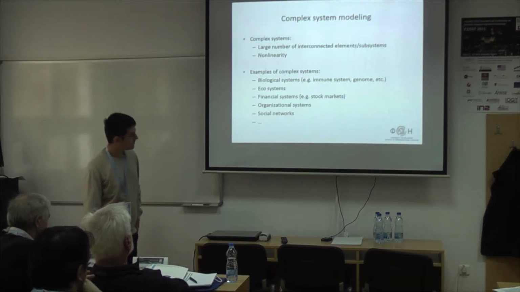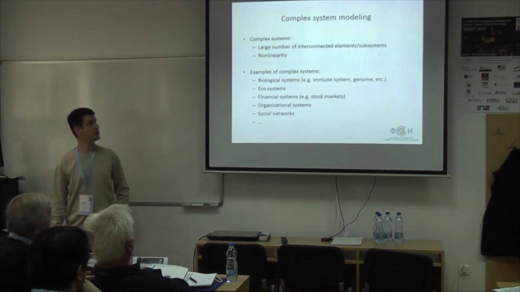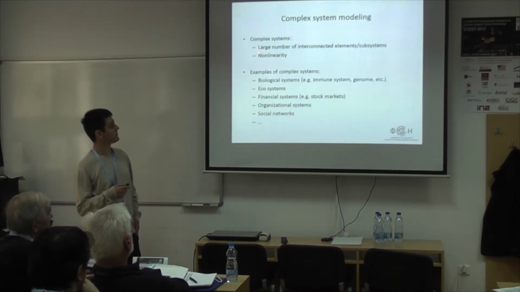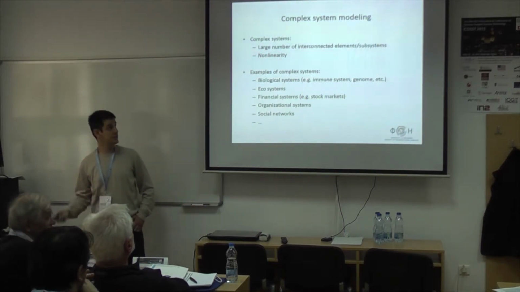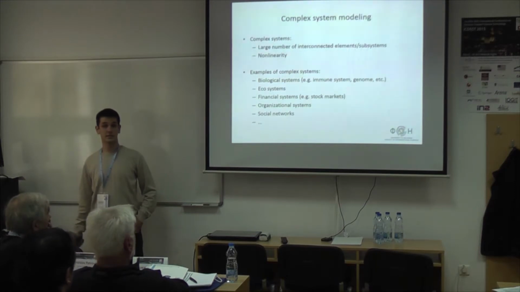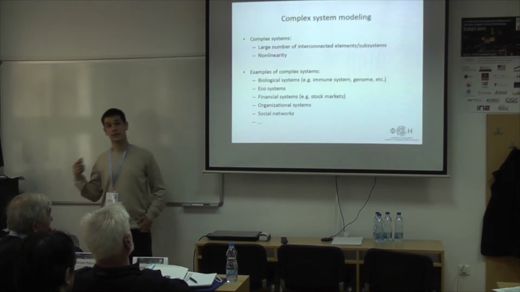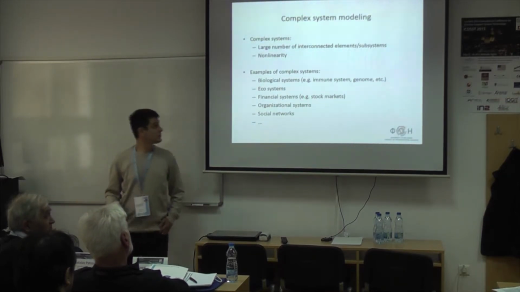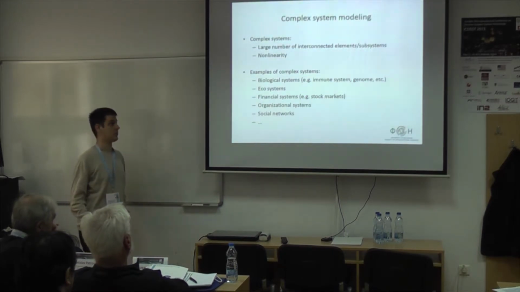First, we need to define the complex system. There are many definitions of complex system, and here we assume that a complex system is a system with a large number of interconnected elements or subsystems, and that the system is highly nonlinear. Complex systems are usually adaptive, and their dynamics is very hard to assess, so we use soft computing methods for that problem.